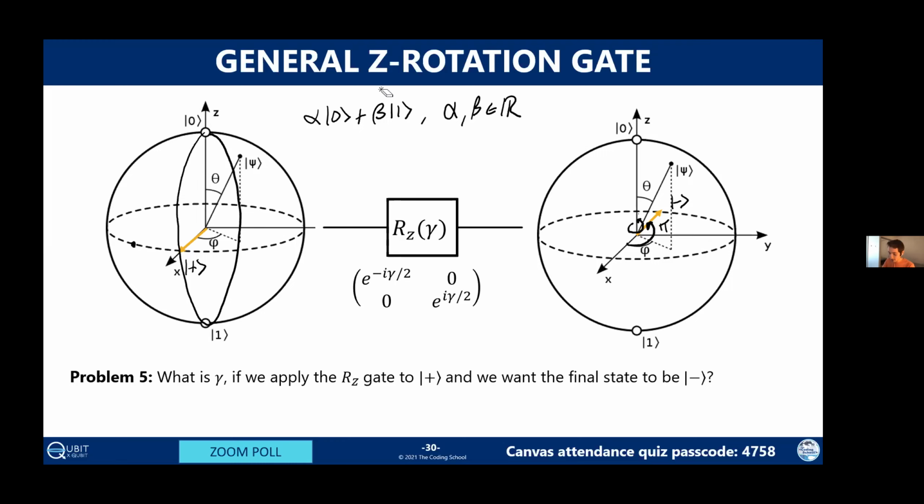In particular, alpha is going to stay real, but beta now is going to be complex. So as soon as you move off of that, you're going to start getting an imaginary component.